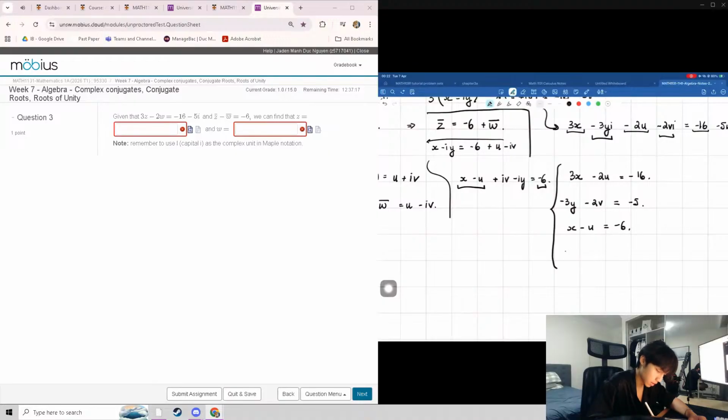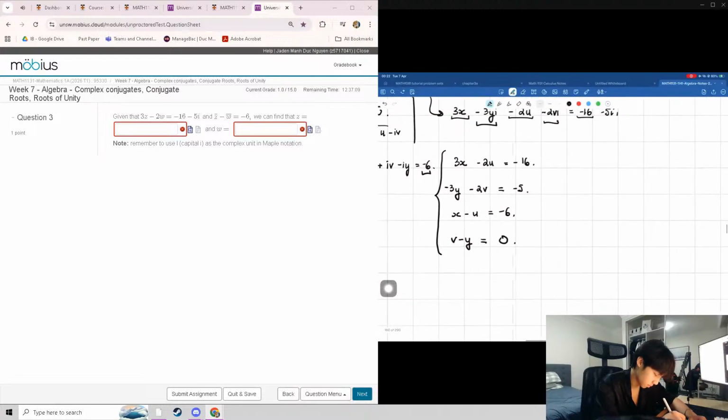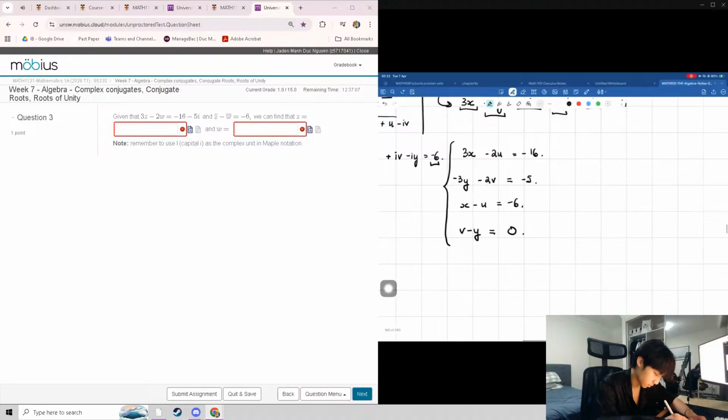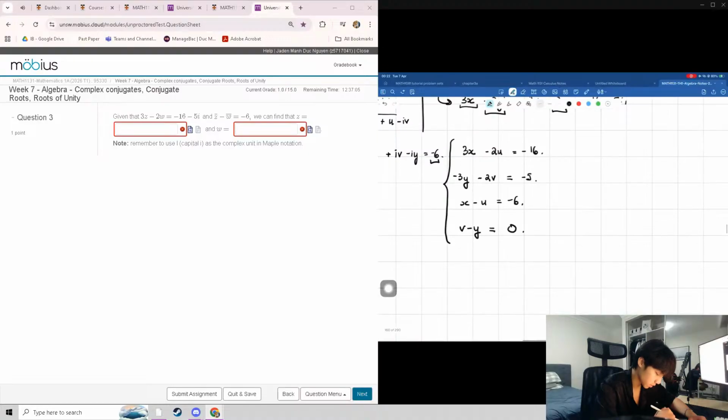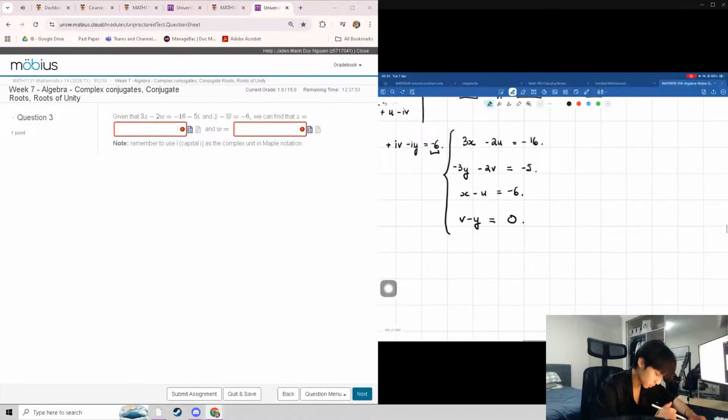And then once again, we've got 2 equations. So it seems here that v is equal to y. That's the easiest to start.